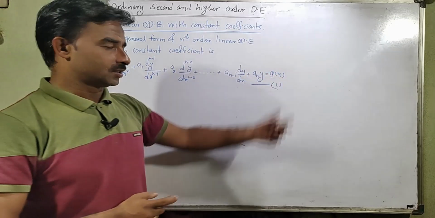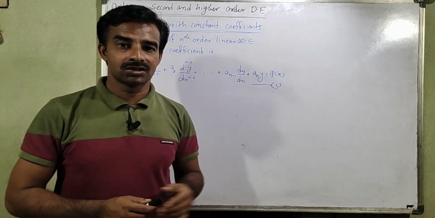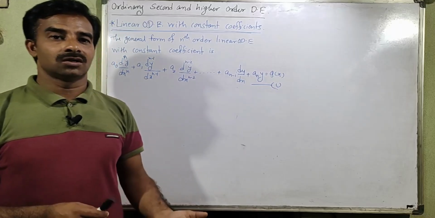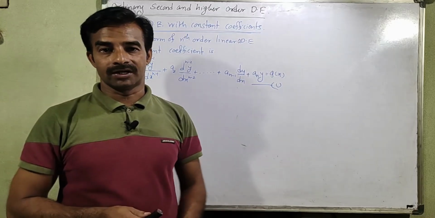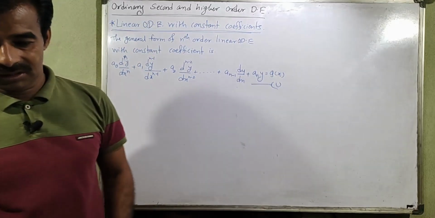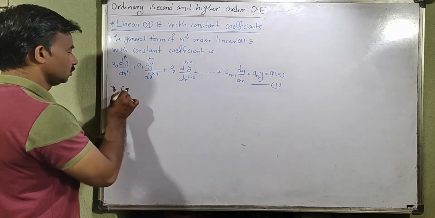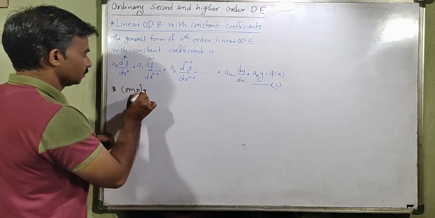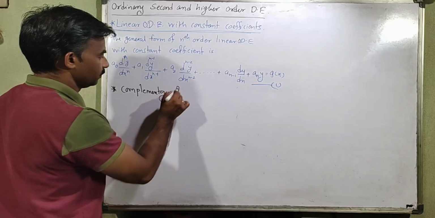When q of x is put as 0, it becomes a homogeneous equation, and this homogeneous equation has a general solution; this general solution is called the complementary function. So in this lecture we are going with the complementary function.